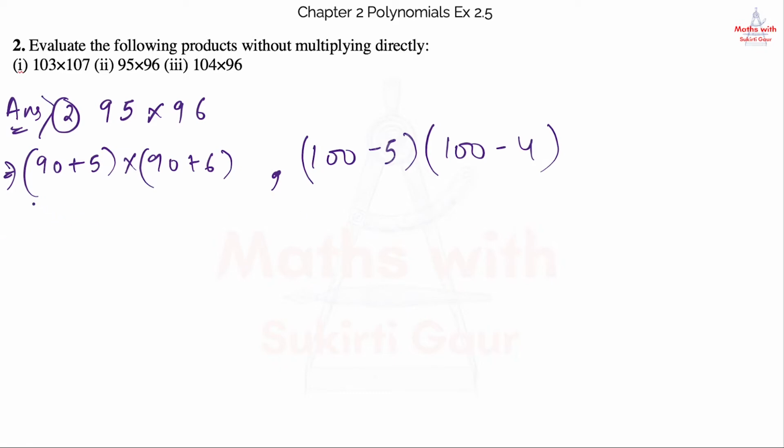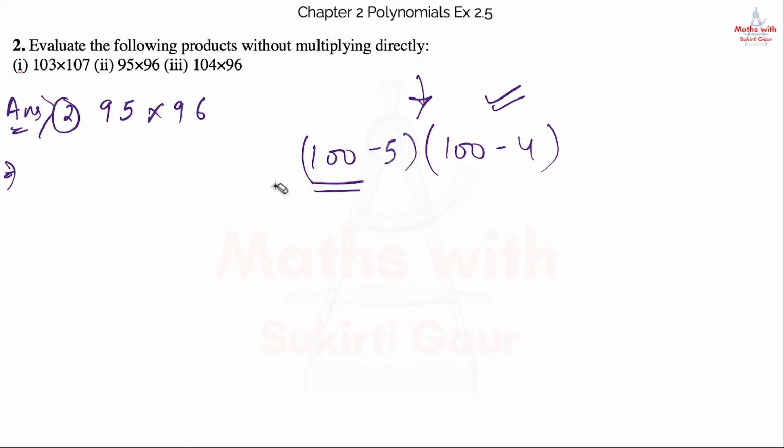But of course, we are not going to do the first one because it needs a little bit more calculation than this one. We always choose numbers like 100 or 1000 because they are very easy to calculate, rather than numbers like 90 or 95 or 92. So we try taking base as 100. If you take 90, that will not be wrong, but I would say choose this one.